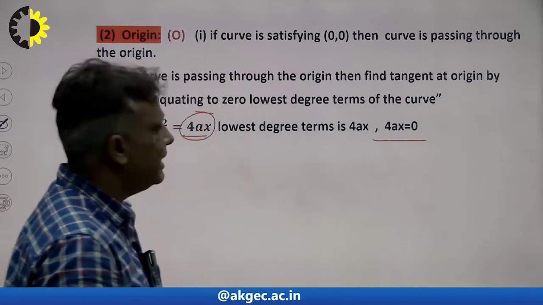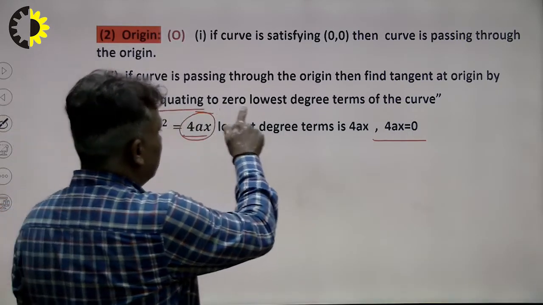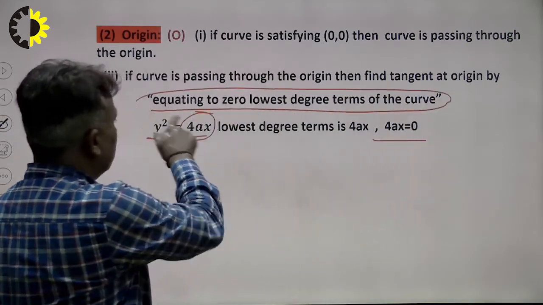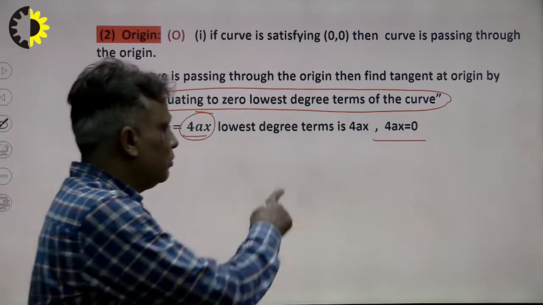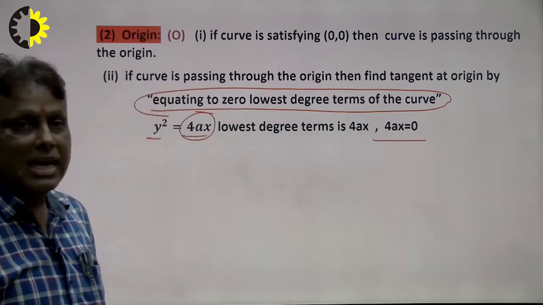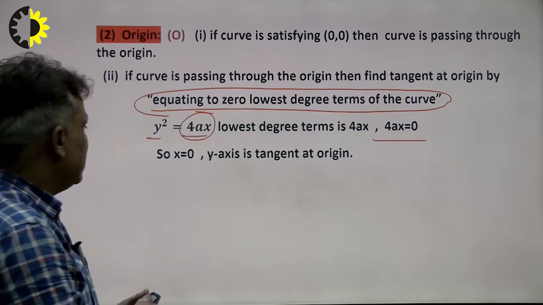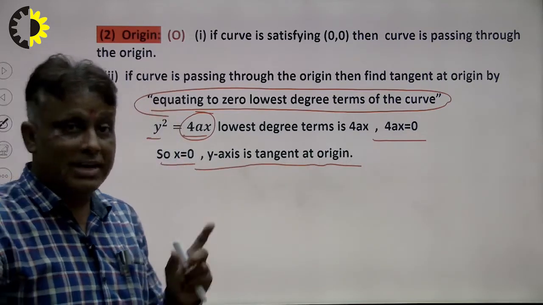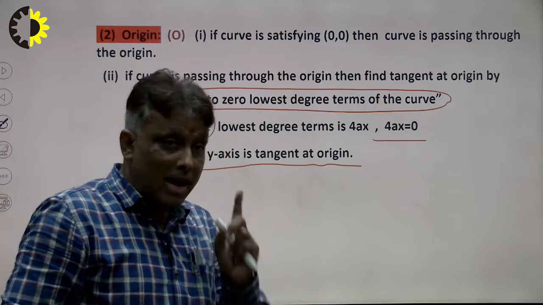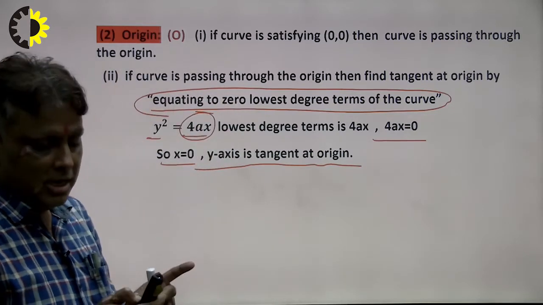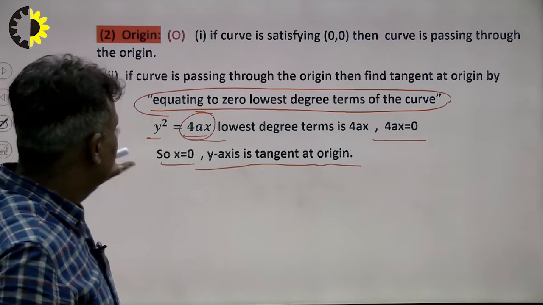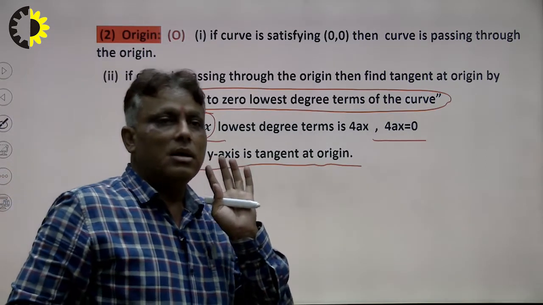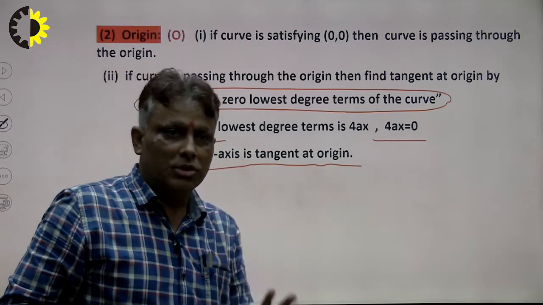I write here, because the method is equating to 0 the lowest degree terms. So 4x = 0, that means x = 0, and x = 0 means the y axis is the tangent at the origin. Students, remember, the y axis is the tangent at the origin in the case of this curve, right? In this way we find the origin O and the tangent at the origin.